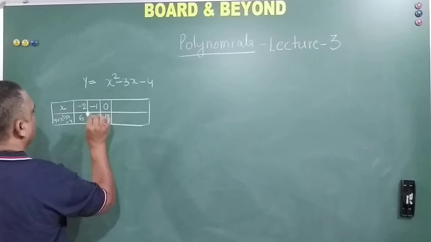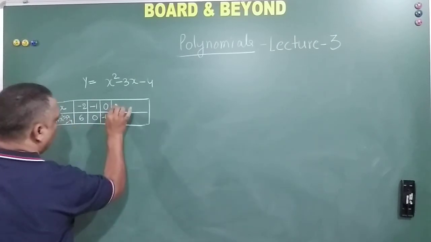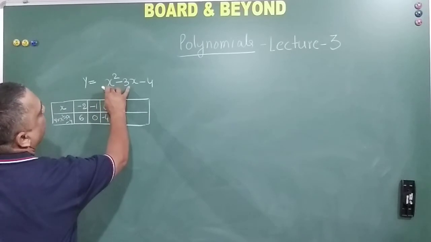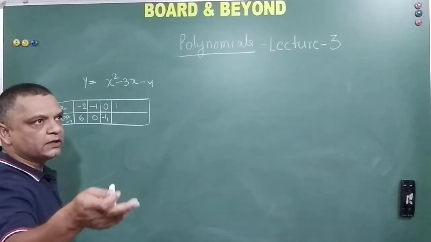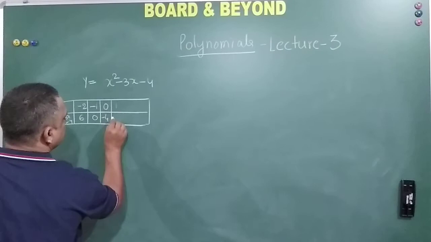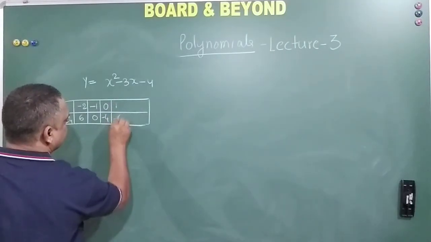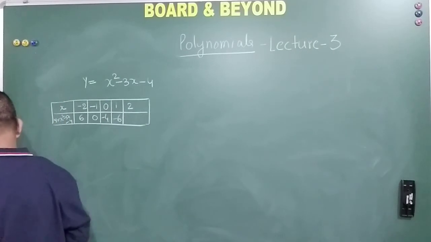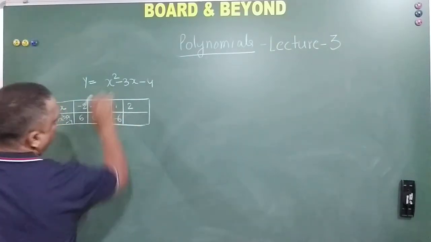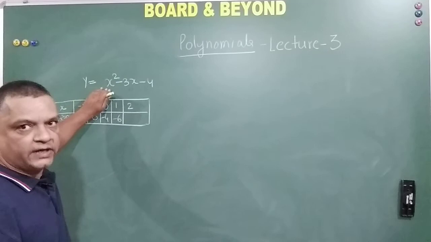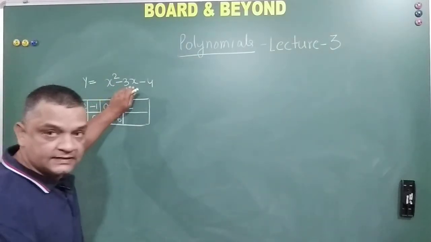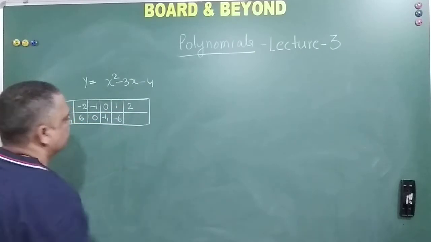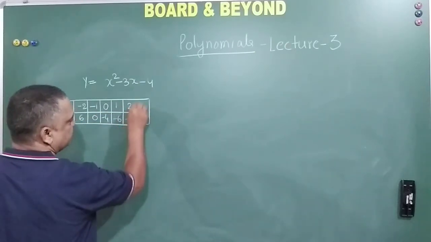When we place x is equal to 1, 1 minus 3 is equal to minus 2, minus 6 is equal to minus 6 again, minus 4. For x equal to 2, we get 4, minus 6 is equal to minus 2 and minus 4 is equal to again minus 6.